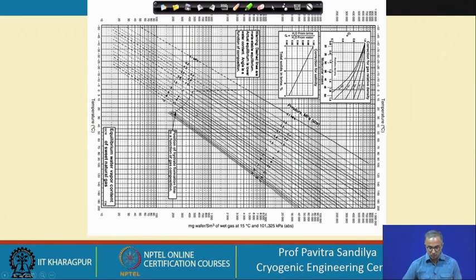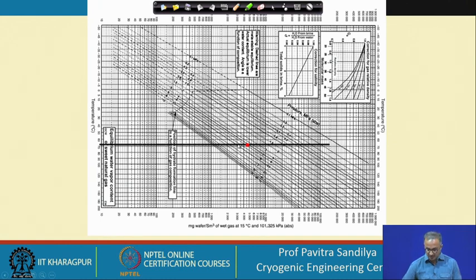So, first we shall locate our temperature and pressure. Here we locate our temperature, that is 66 degrees centigrade, and then we go to the pressure line and find the particular point where the given pressure and this temperature coincide.